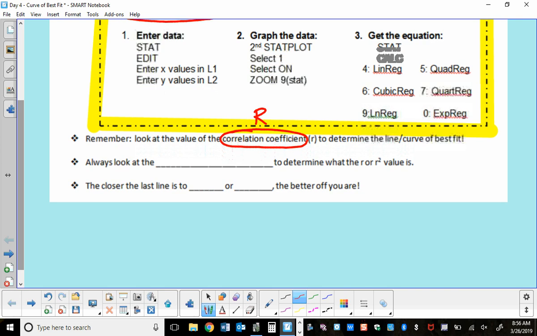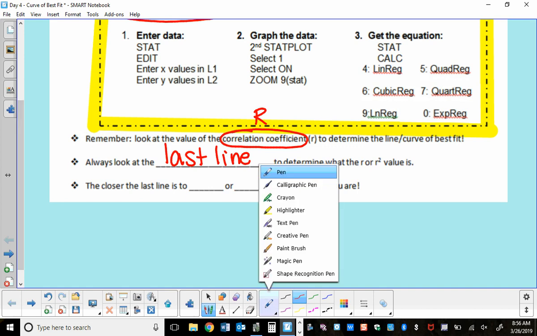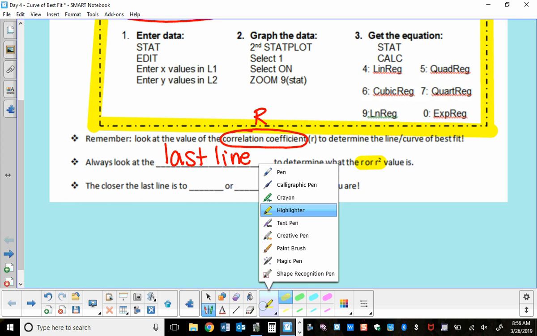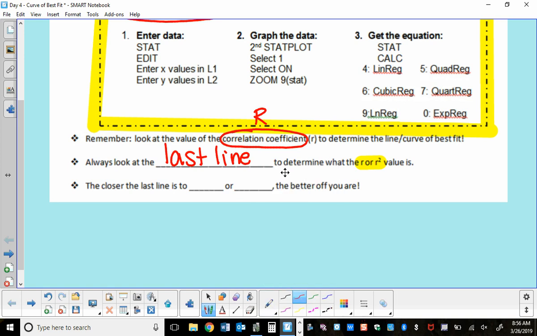All right, you always want to look at the last line to determine what the R or the R2 value is. Underline that, highlight it, do what you want, but make sure you know that we have an R and an R squared. Whatever that last line tells us, that's what we're looking at.